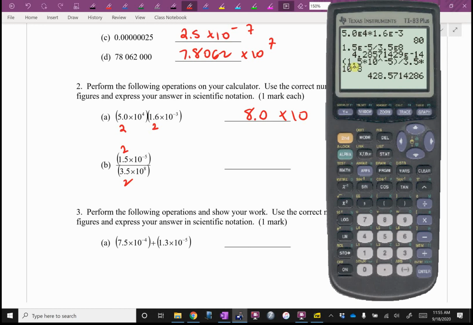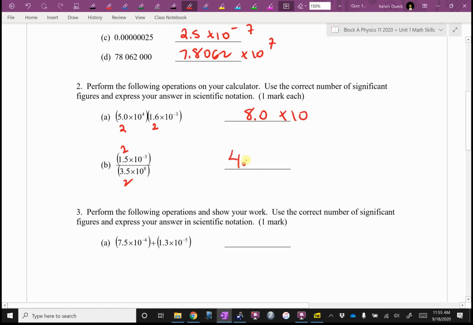So that's why, Nick, I really encourage you, use your scientific notation button. Anyways, let me bring back the correct one, which was this one here. I get 4.2857, oh, 2 sig figs, 4.3 times 10 to the negative 14. All or nothing.